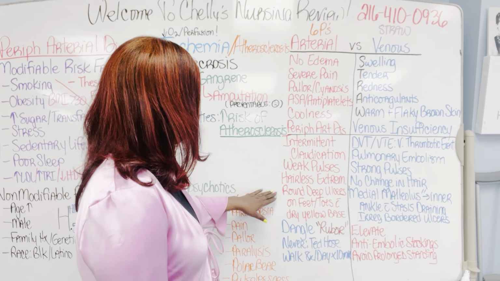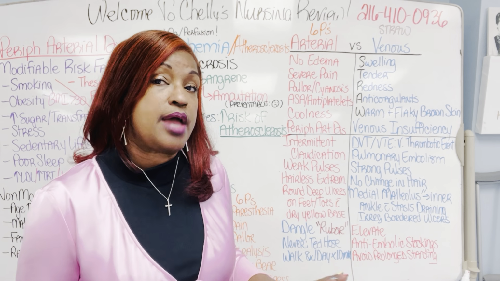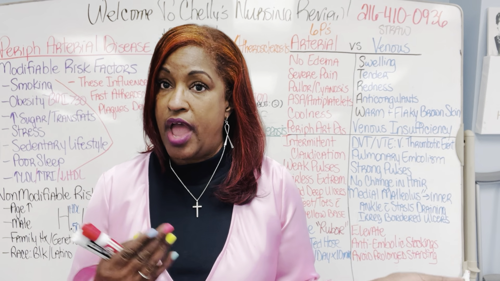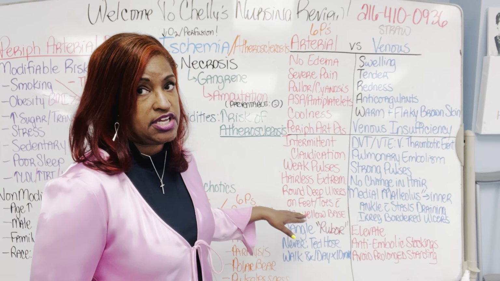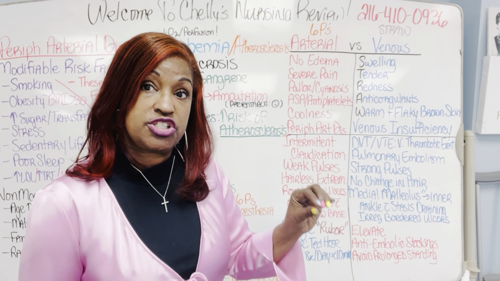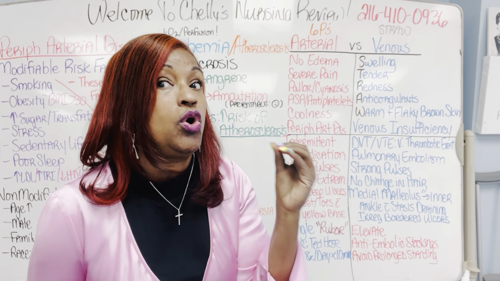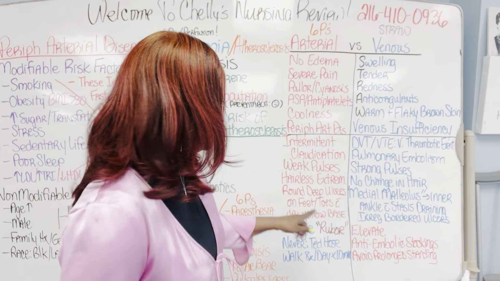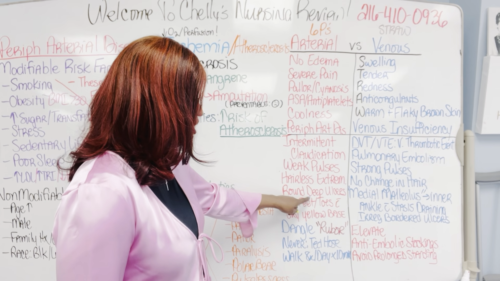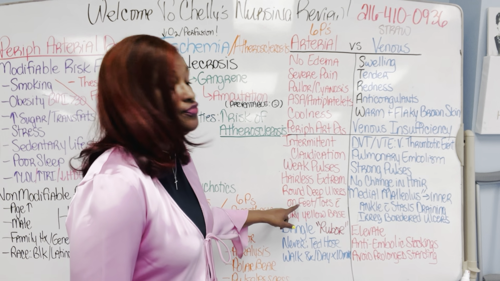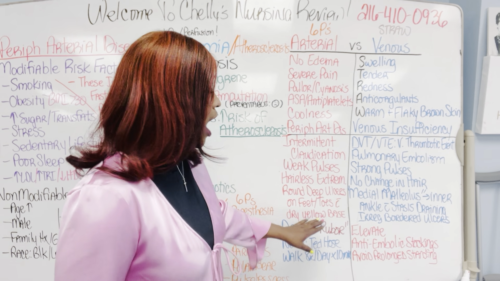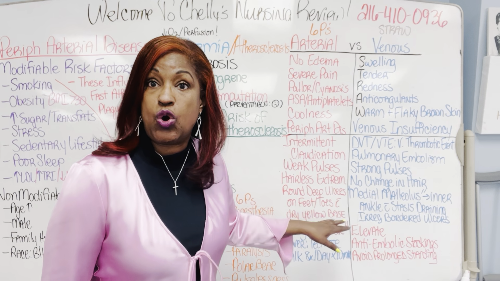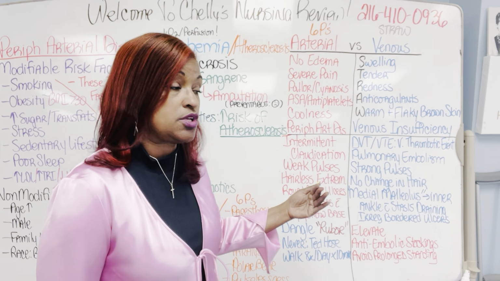Okay. Now, there's different types of ulcers depending on if you have arterial or venous disease. If you have arterial disease, those ulcers are usually very well bordered. Like they're round, they're deep, they're usually ulcers on the plantar portion of the feet and above the toes, on top of the toes, okay?